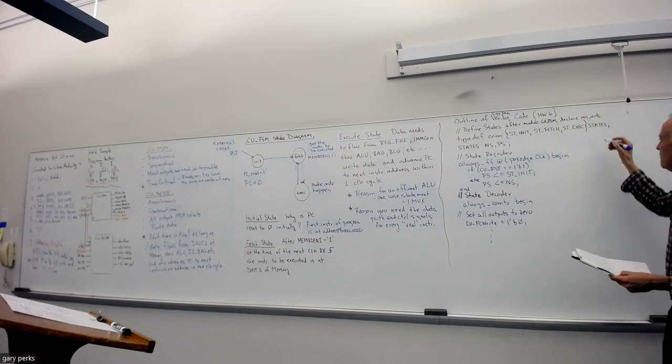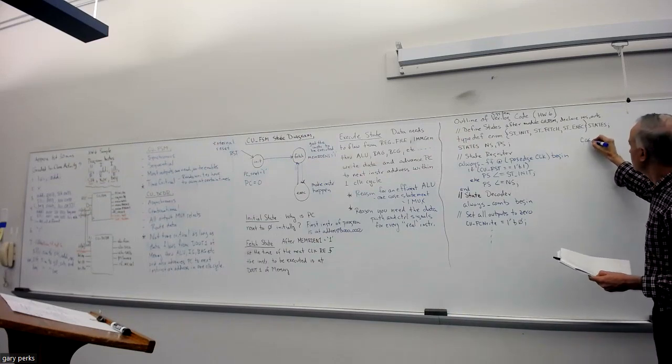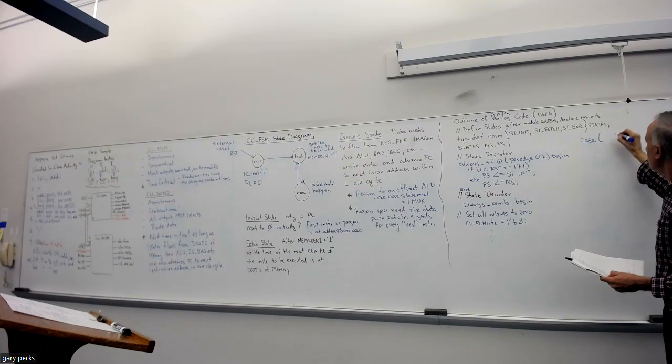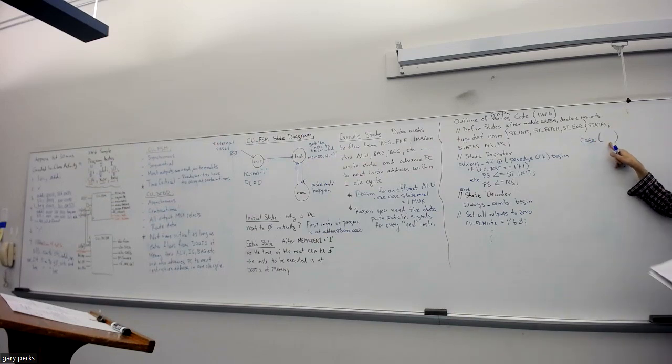Okay, but the next thing that we would have is the case statement. And what would our case statement be sensitive to? What would we put in these parentheses? Not the output. What is the case statement in the FSM going to decide?